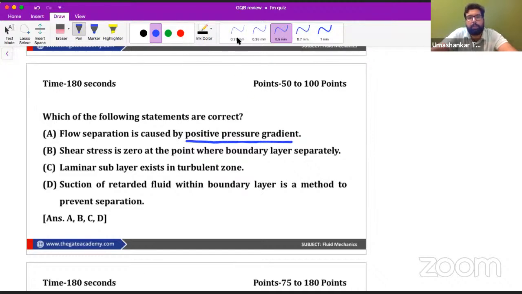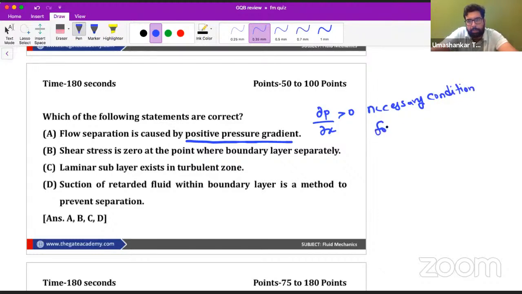If you remember, separation happens when the pressure gradient is adverse, that is, del P by del X is greater than 0. This is the necessary condition for separation.